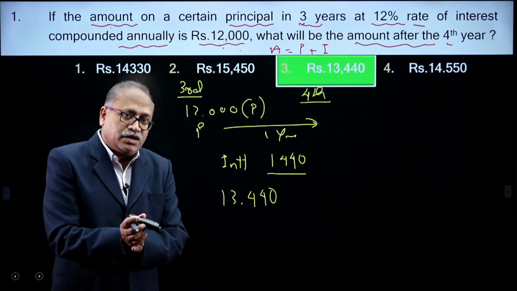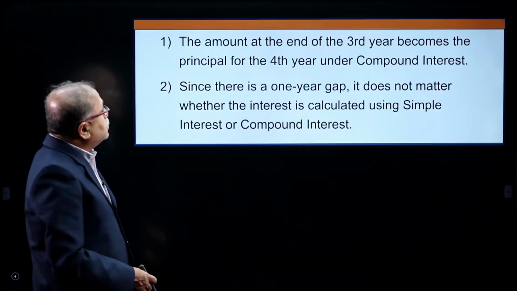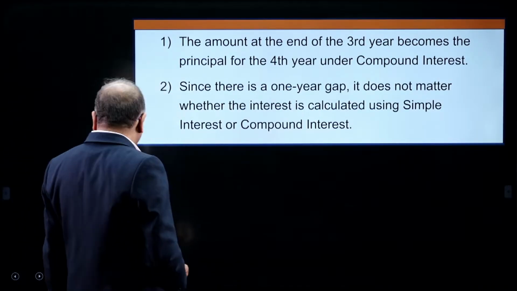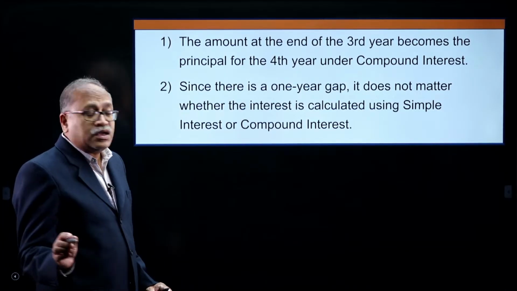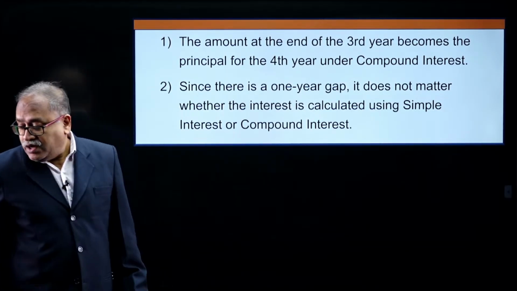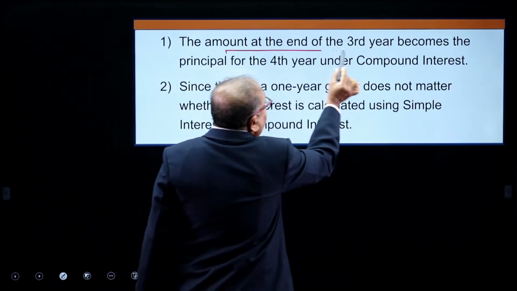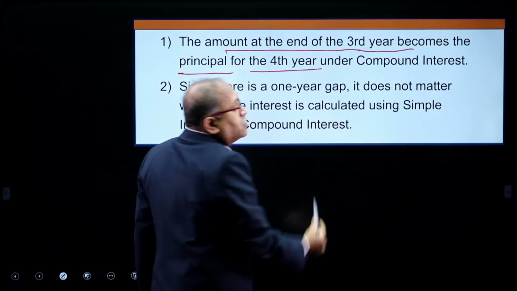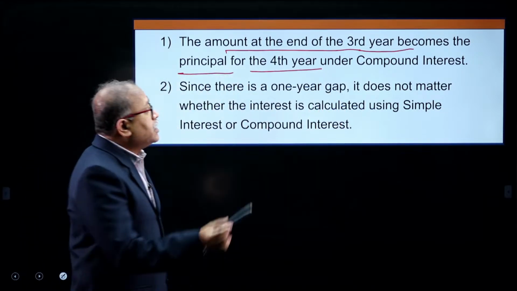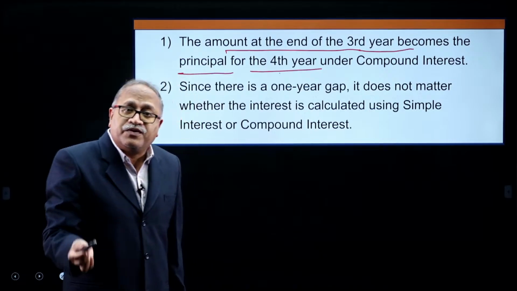It is good. I am moving on to the next question. Before I move on, you are expected to understand this part: the amount at the end of 3rd year becomes the principal for the 4th year. The amount at the end of 4th year becomes the principal for the 5th year.